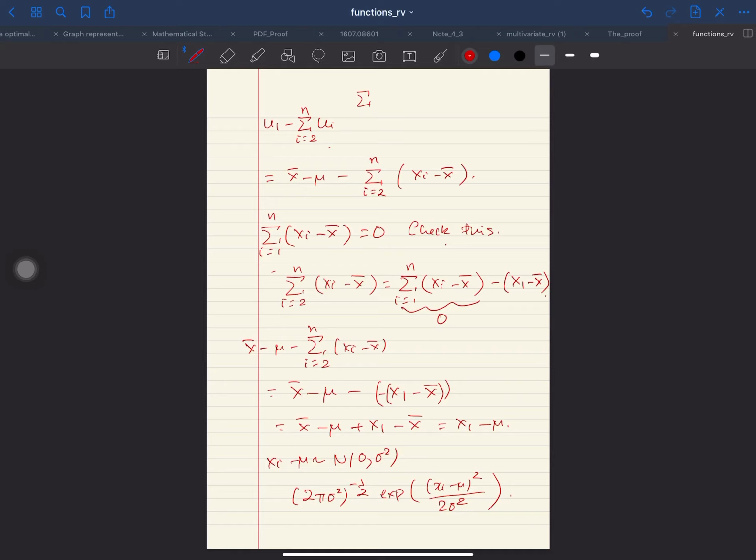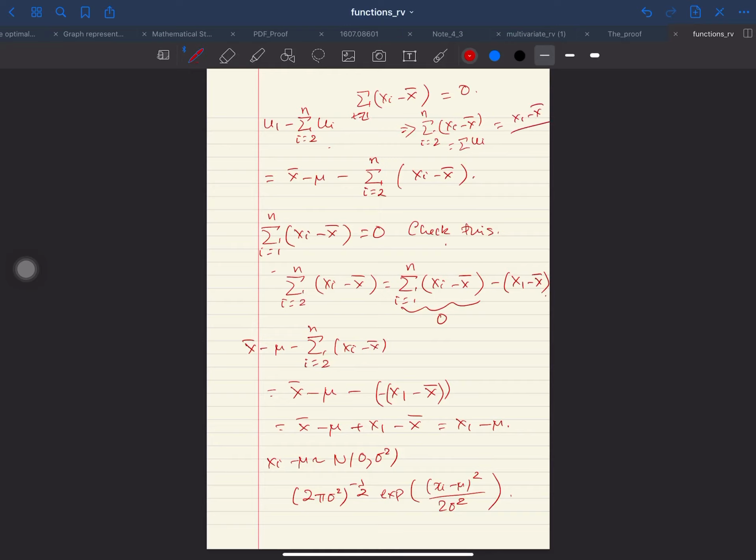The summation of xi minus x bar is equal to 0. So therefore, the summation of i from 2 up to n of xi minus x bar, which is just the summation of ui, has to be equal to minus (x1 minus x bar).